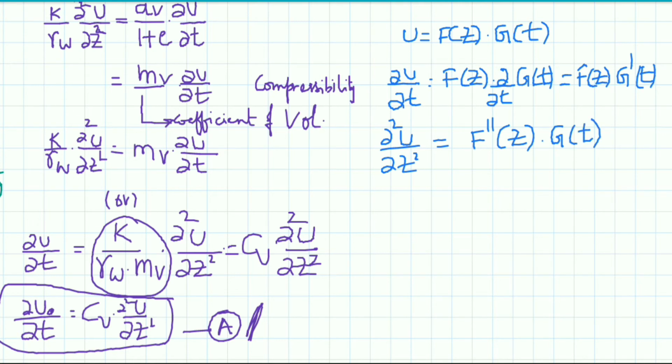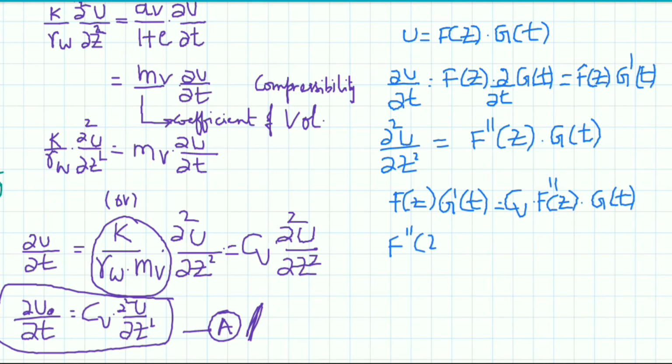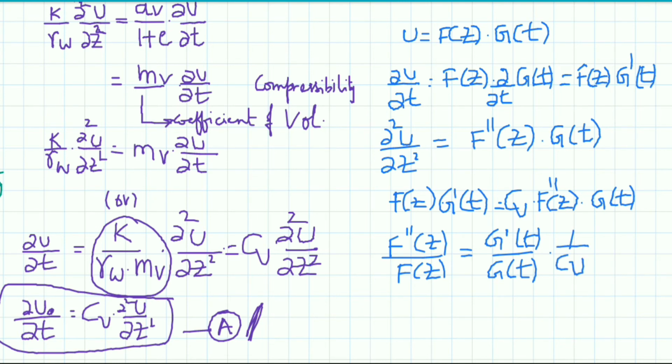Now substituting these two in equation A, I get dou U by dou T, which means f of Z into G dash of T, equal to C nu into dou square U by dou Z square, that is f double dash of Z into G of T. So if I rearrange this, I get f double dash of Z divided by f of Z equal to G dash of T divided by G of T into 1 by C nu.